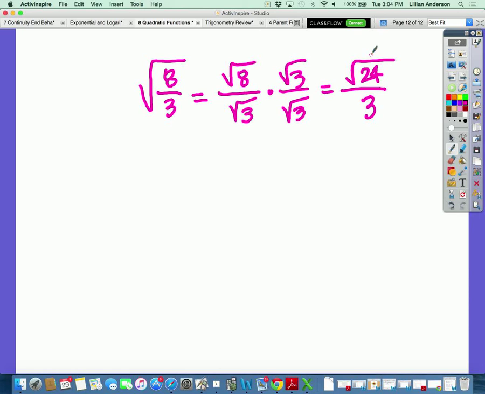Can I simplify the square root of 24? So the square root of 8 over 3 is actually 2 root 6 over 3. You want to make sure that you simplify. Plus or minus. And of course you got the plus or minus.